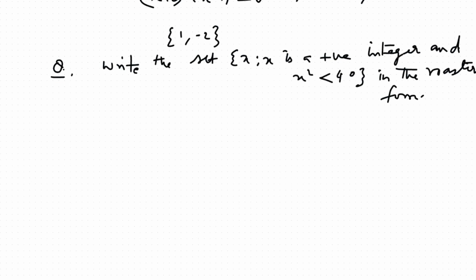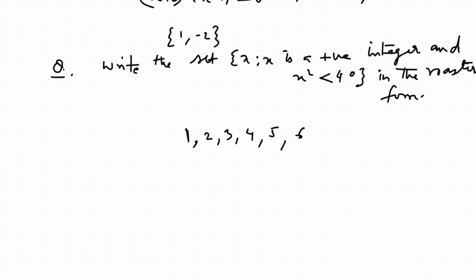Let us try to analyze. If we take an element, let's say 1, and we square it, it will be 1 only. If we take 2, its square will be 4. If we take 3, the square would be 9. If we take 4, the square would be 16. If we take 5, the square would be 25. If we take 6, the square would be 36.